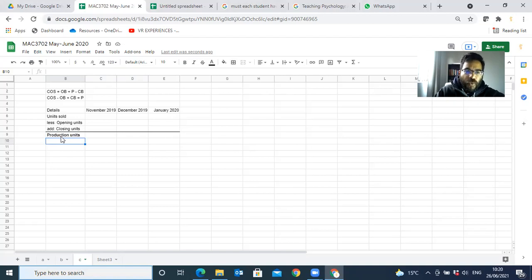When they want production units, or cost of sales, either sales units or the rand amount, or the cost of production, this is a good way to look at it. The cost of production may be a little more complex, because it is made up of direct material, direct labor, and manufacturing overheads. But from a units or rand value point of view, see if you can use the cost of sales formula. It generally always works, whether you're in MAC or in FAC.